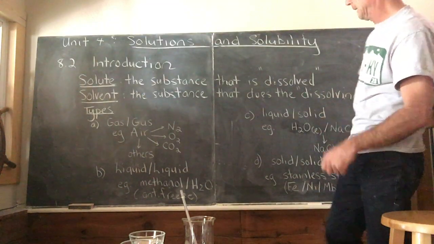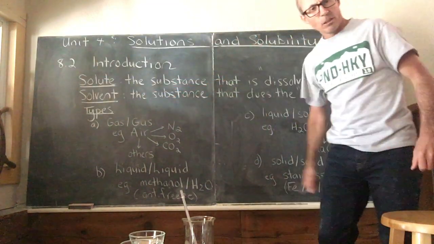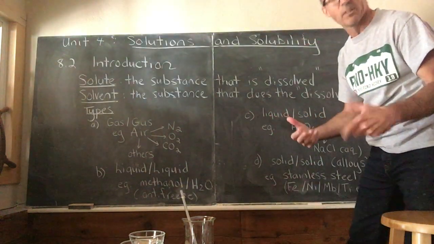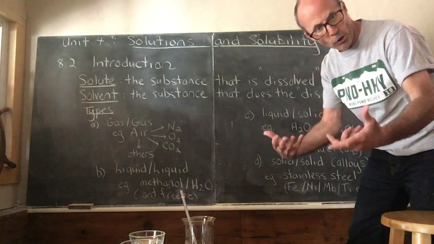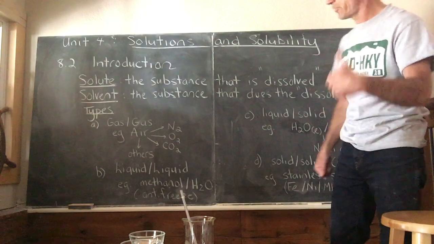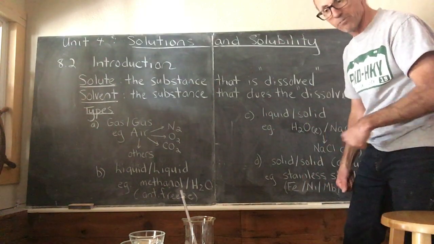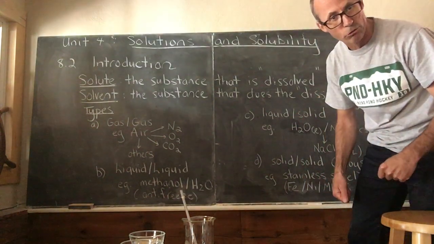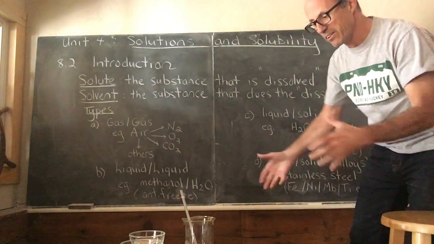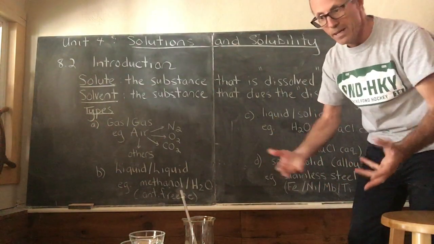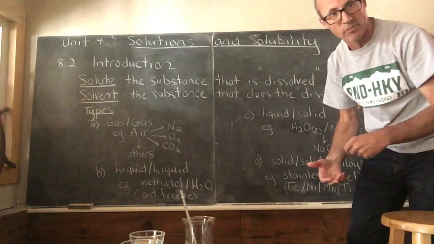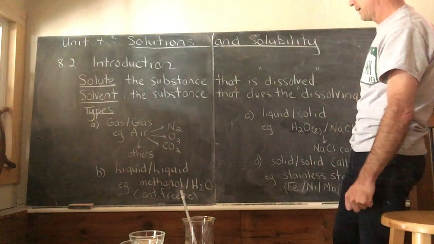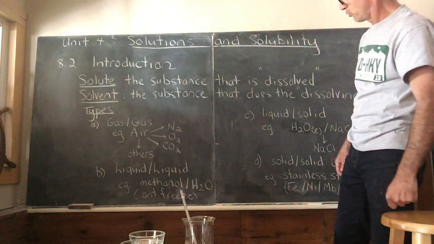The solvent, usually water, but not always, is the dissolver. It's the substance that does the dissolving. And I've got a few demos here that I'll show you today, things that I've pulled from my own home, and I do have a little bit of chemical glassware here. And we'll look at the types of solutions.